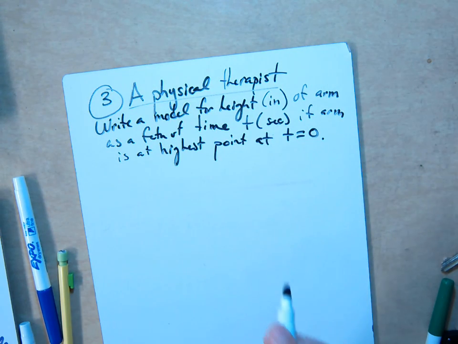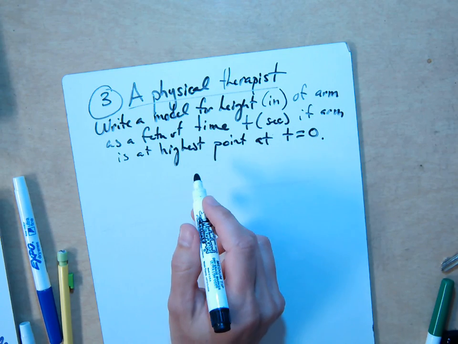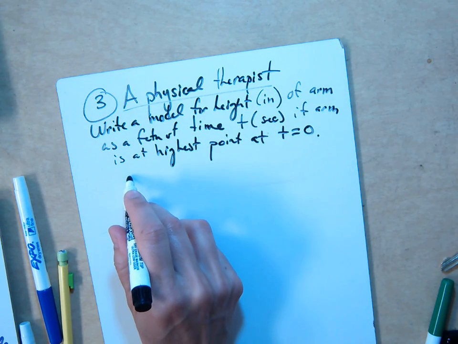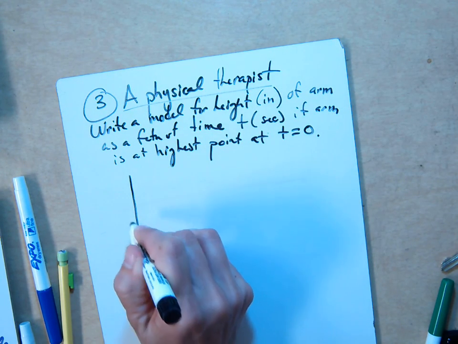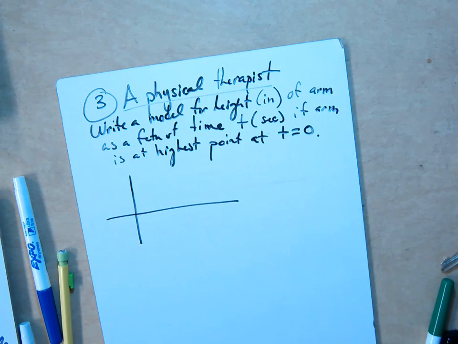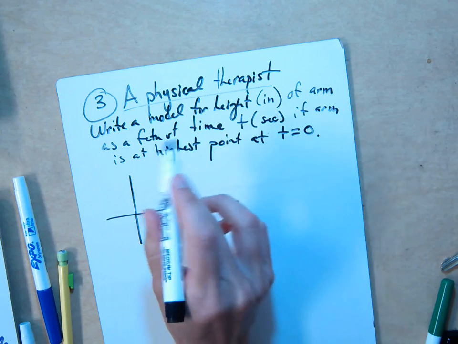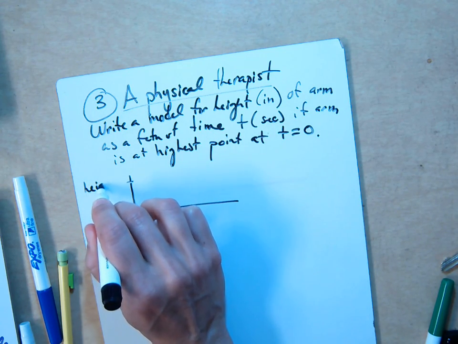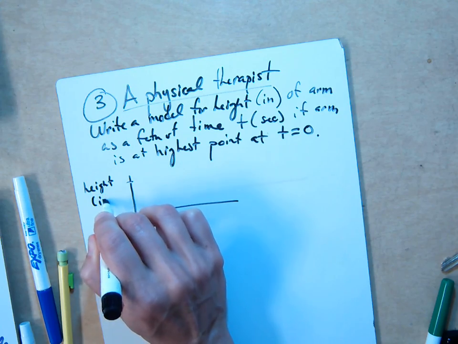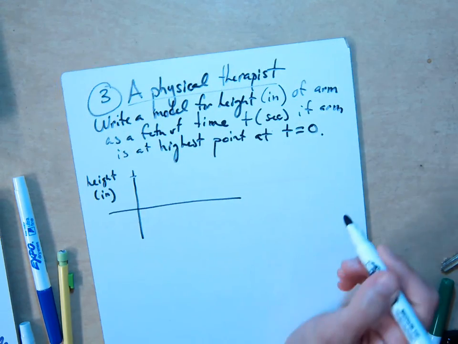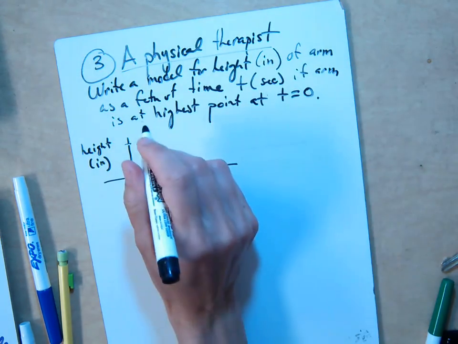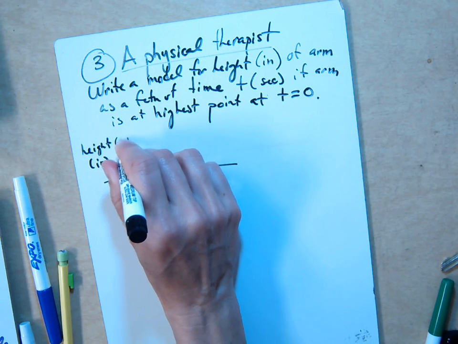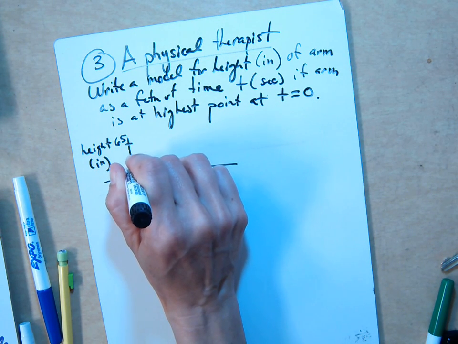So the way we're going to do this is graph it a little bit so that we can get the information we need using the previous techniques. In the problem I read, this is your height in inches of the arm off the ground. The highest point was 65 and the lowest point was 40.